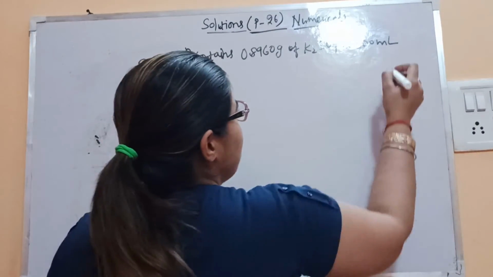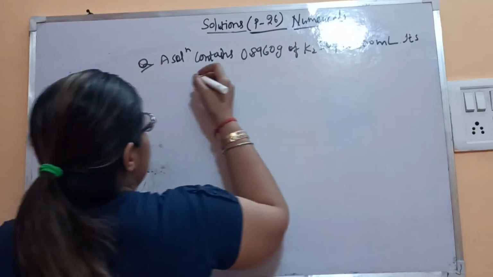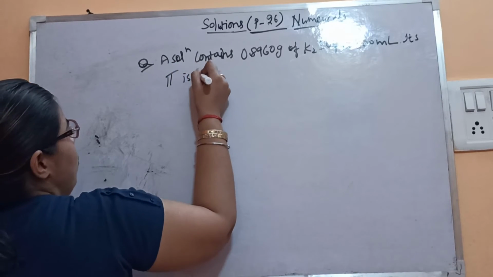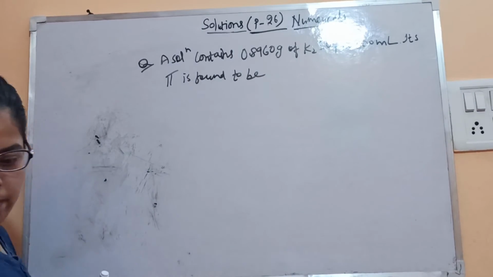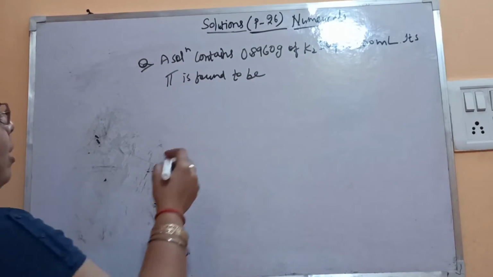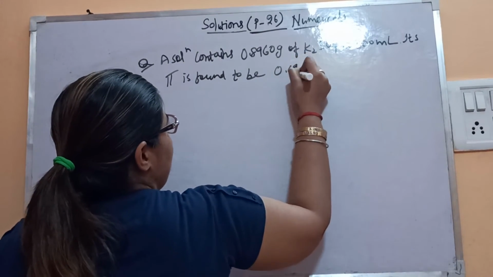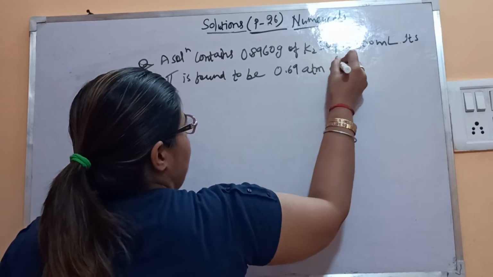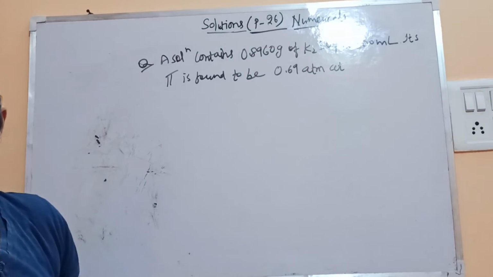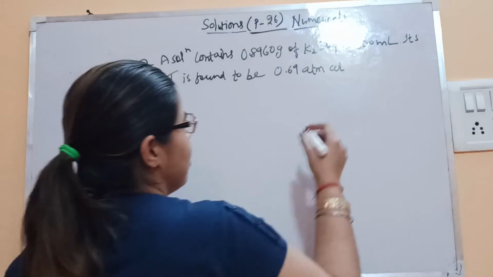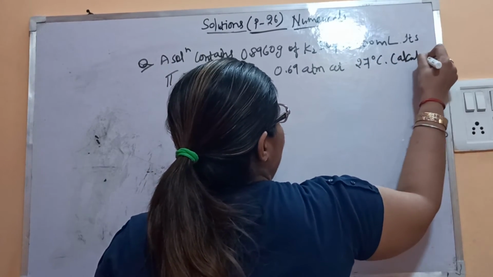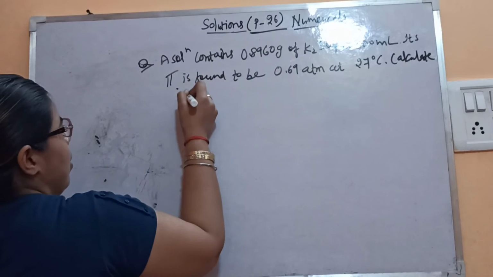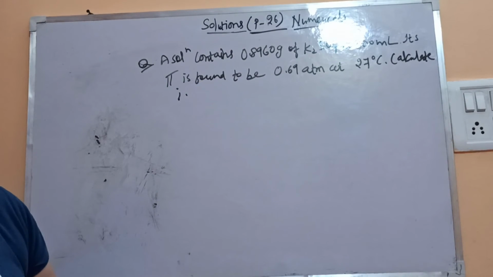Its osmotic pressure, pi, is found to be 0.69 atmosphere at 27 degrees Celsius. Calculate i. Okay, this is the question.